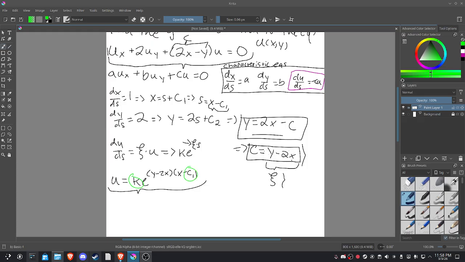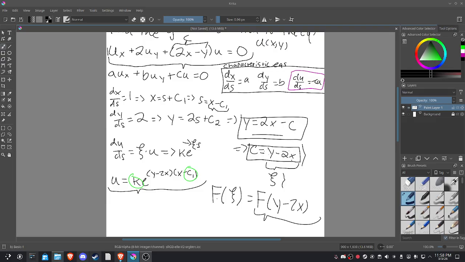So, let's just get rid of them, right? That's what I think we should do. So, let's declare a function capital F of phi, which is actually equal to capital F of y minus 2x.